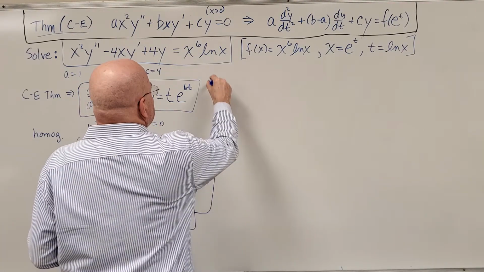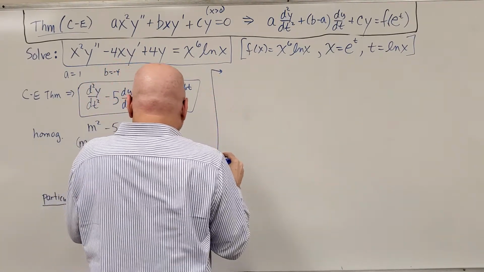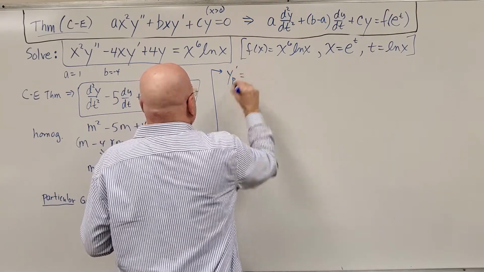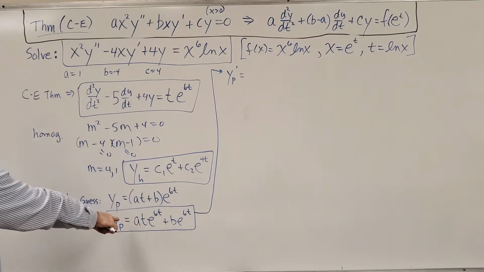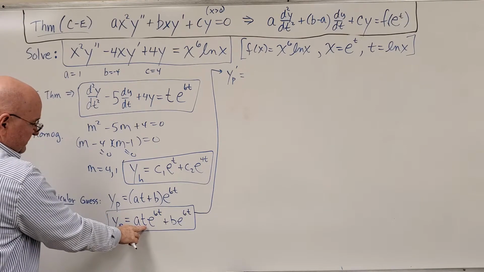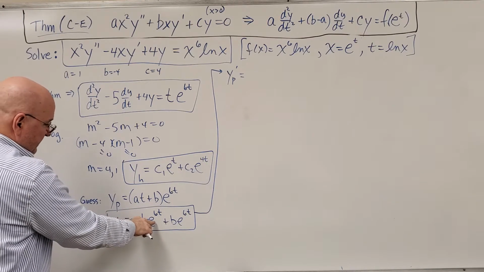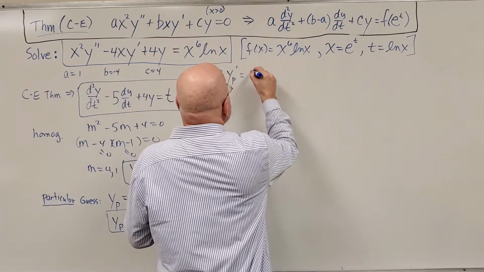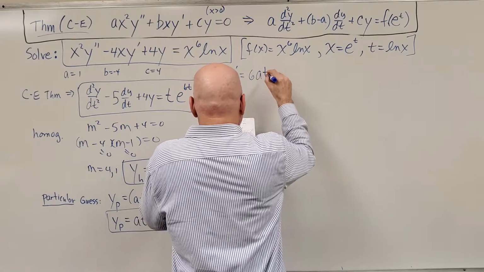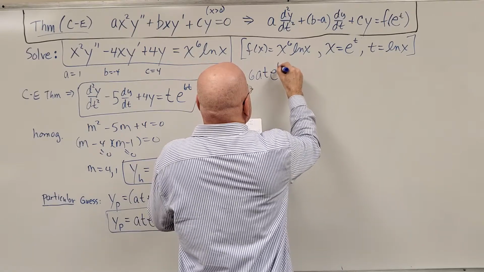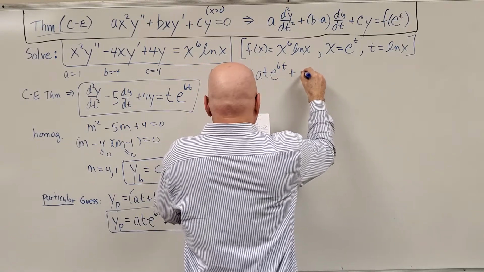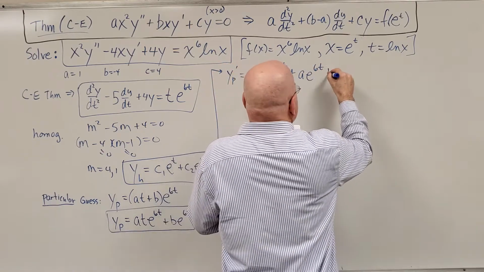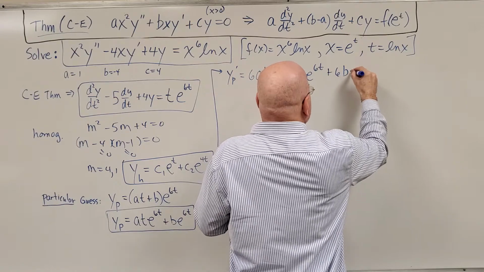Now we need to get derivatives. Y sub p prime. The derivative of this guy, so it's going to be the derivative of the first, at, times the second, plus the second times the derivative of the first. And I've got 6at e to the 6t plus a e to the 6t plus 6b e to the 6t.